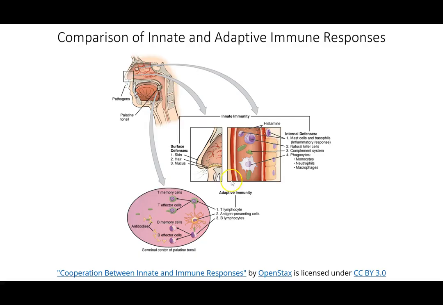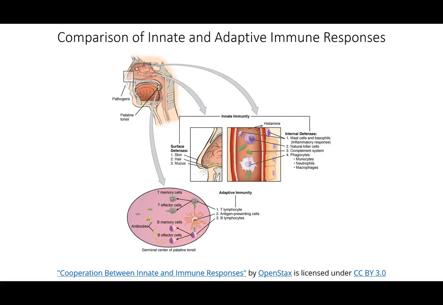Another really important part of our adaptive immune response is the ability to tell self from non-self. This is the part of our immune system that learns to recognize which cells are our natural cells that are supposed to be there, and which cells are mutated, cancerous, infected, or any debris.